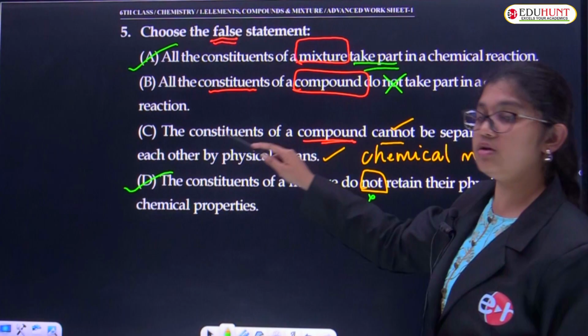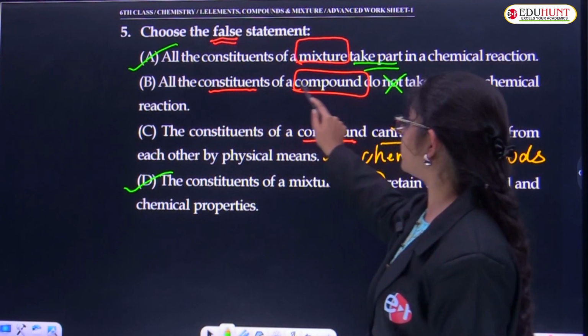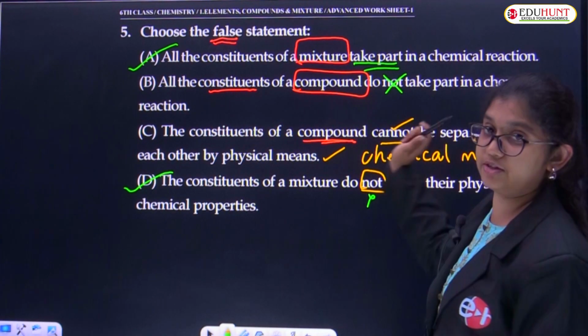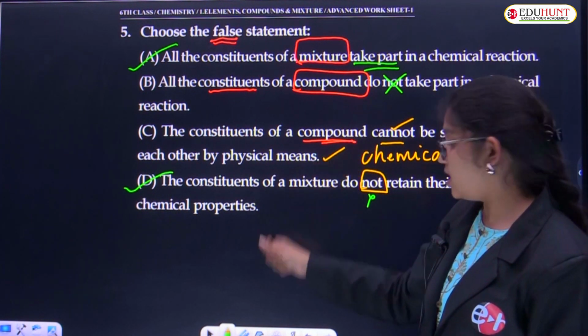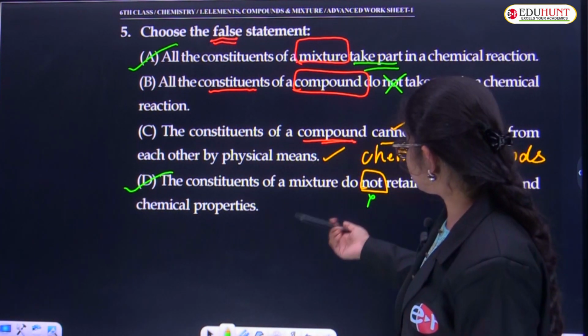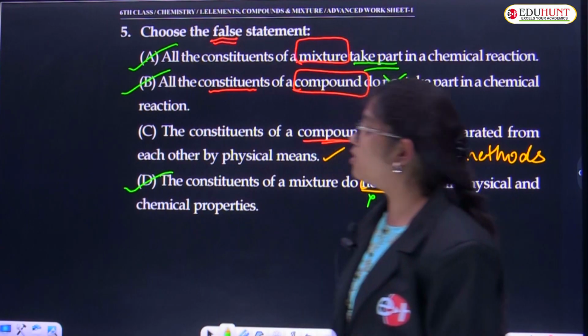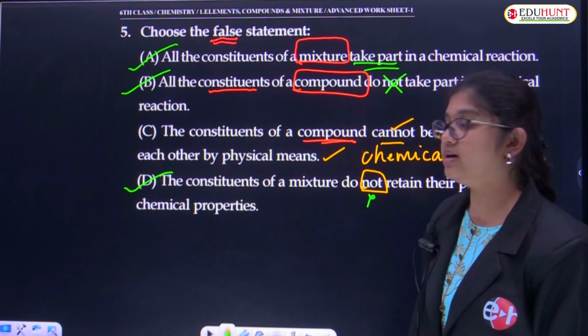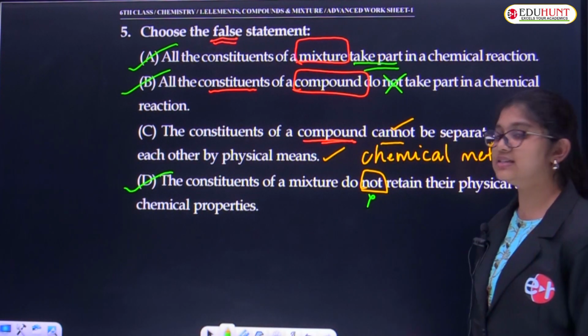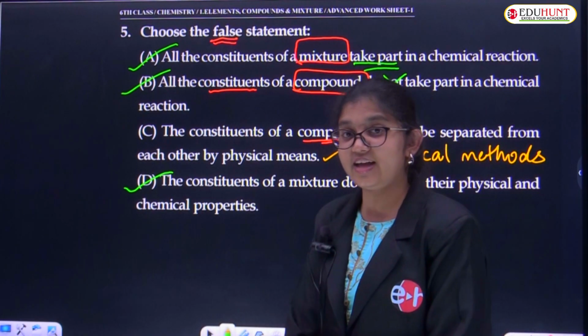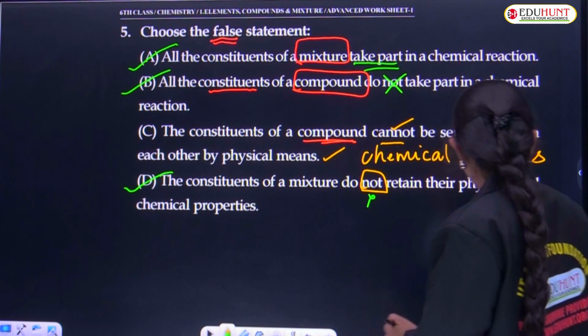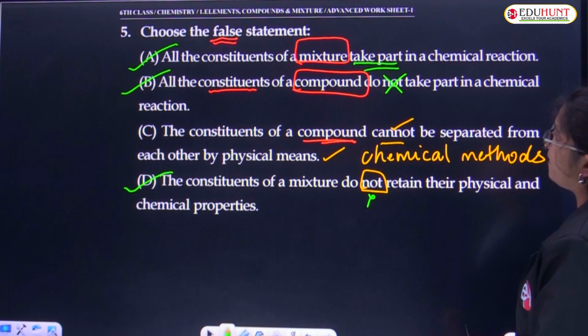Okay, but here they have given that all the constituents of a compound do not take part. What is the right option now? Yeah, do not is absolutely wrong. So B is also a false statement. The right options here are A, B and D. Okay, did you get that? Very good. Good children.